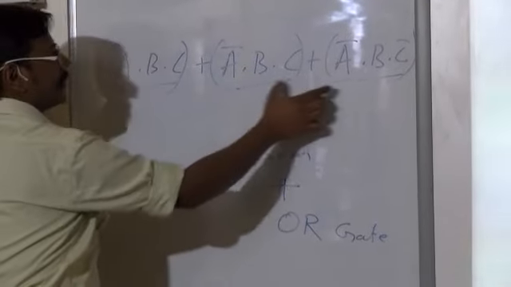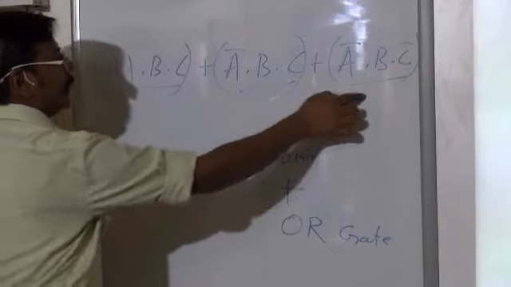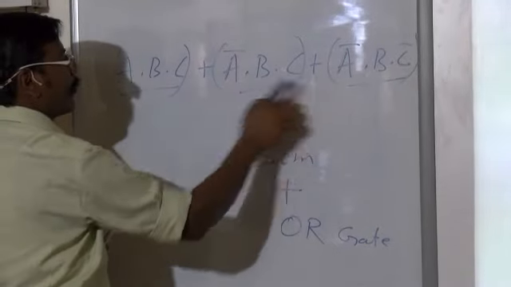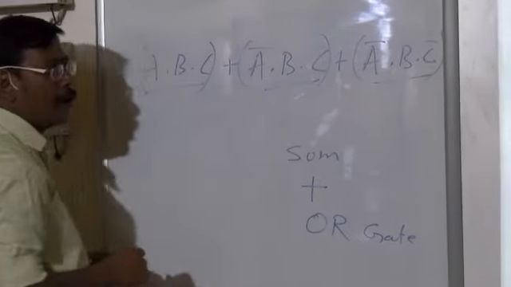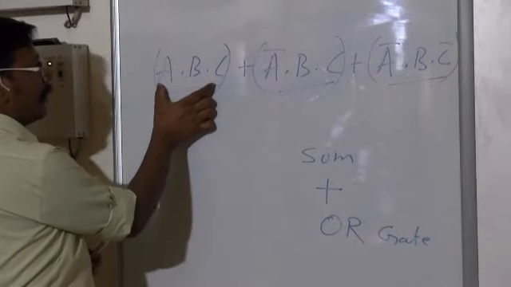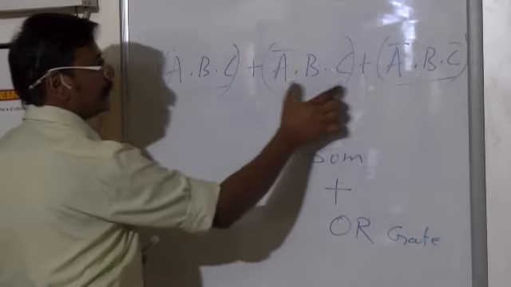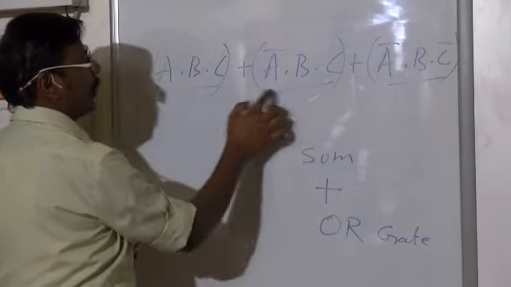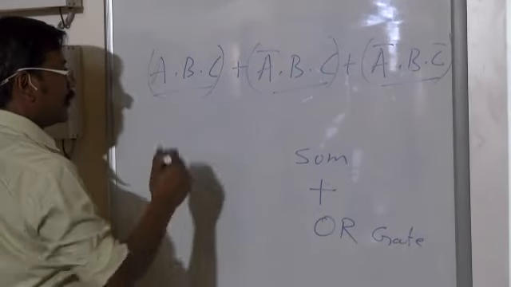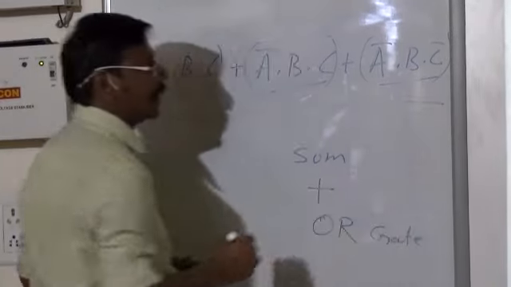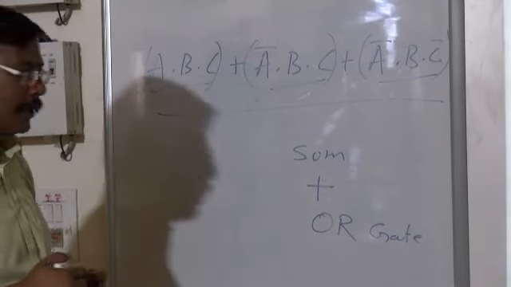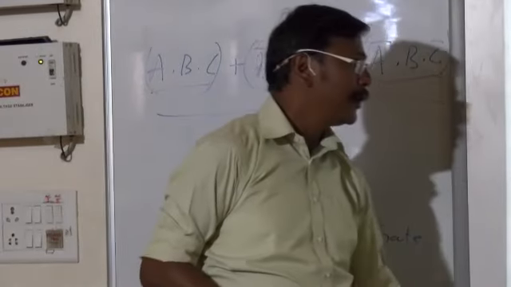We had three products, and we are finding the sum of these three products by using the plus sign or the OR gate. So for the product we have the AND gate, and for the sum we have the OR gate. This becomes the sum of the product. In short, we call it SOP.